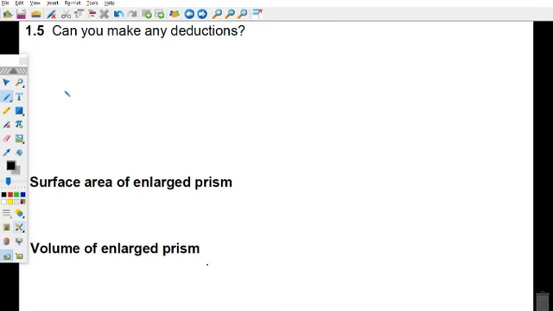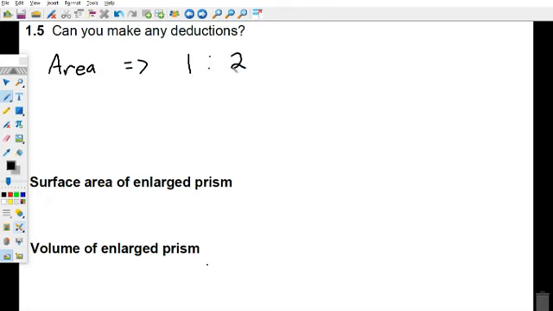We can deduce that for area, if we double the dimensions, we're going to multiply it by 4. Remember, 1, 2, 2.